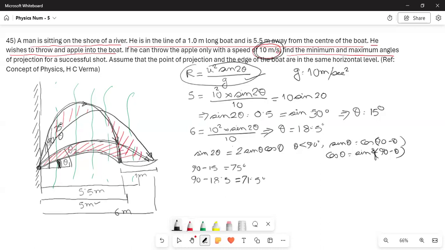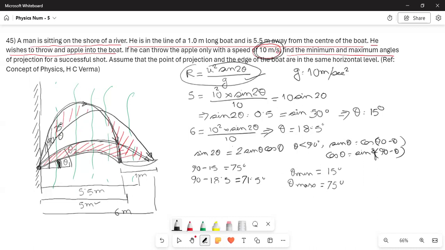So if we really want to find out, the minimum angle is 15 degree, and maximum angle is 75 degree.